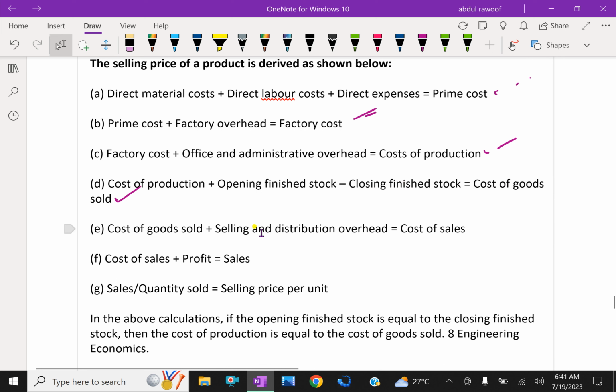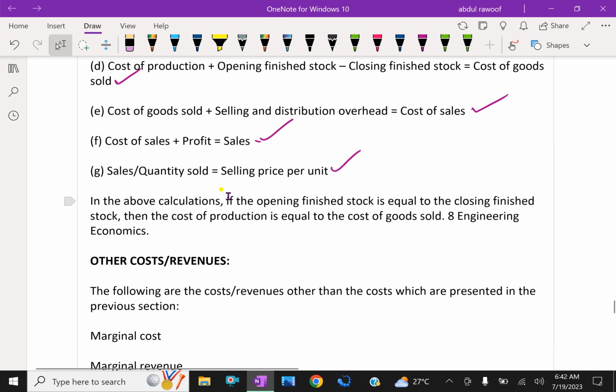Then cost of goods sold plus selling and distribution overhead equals cost of sales. Then cost of sales plus profit equals sales. Now sales divided by quantity sold equals selling price per unit. So we have to get the selling price by using all costs incurred.